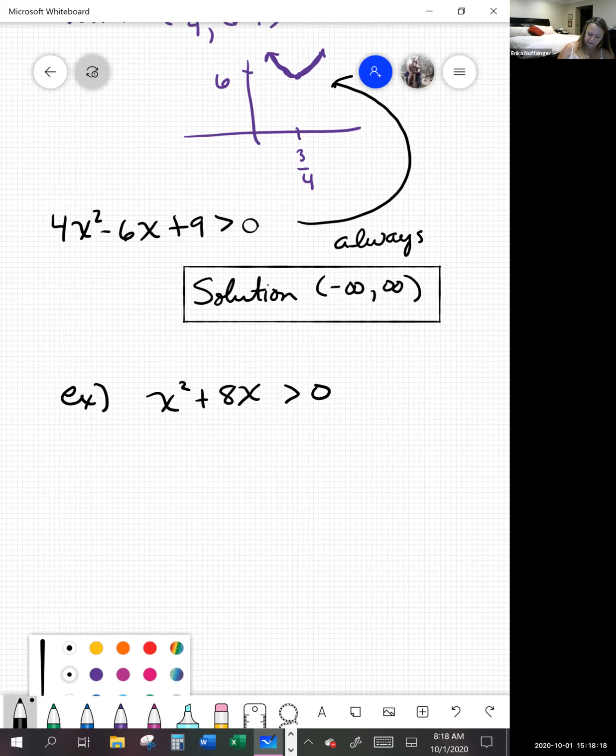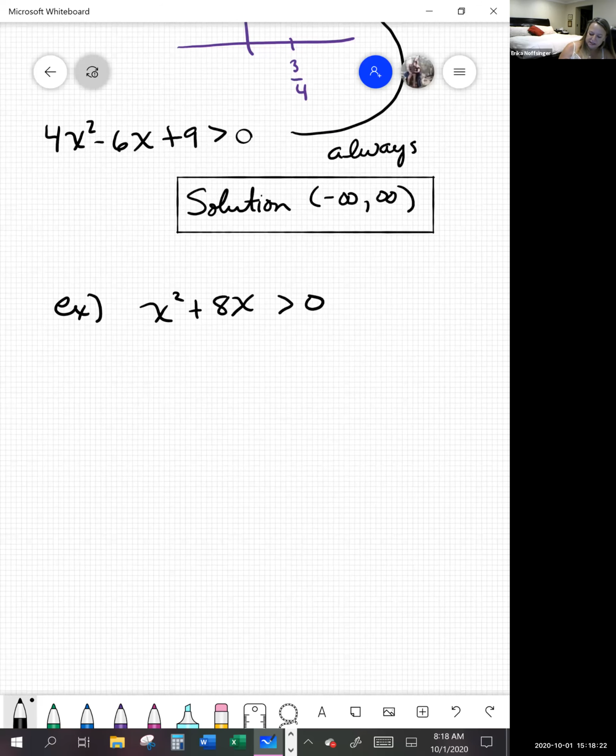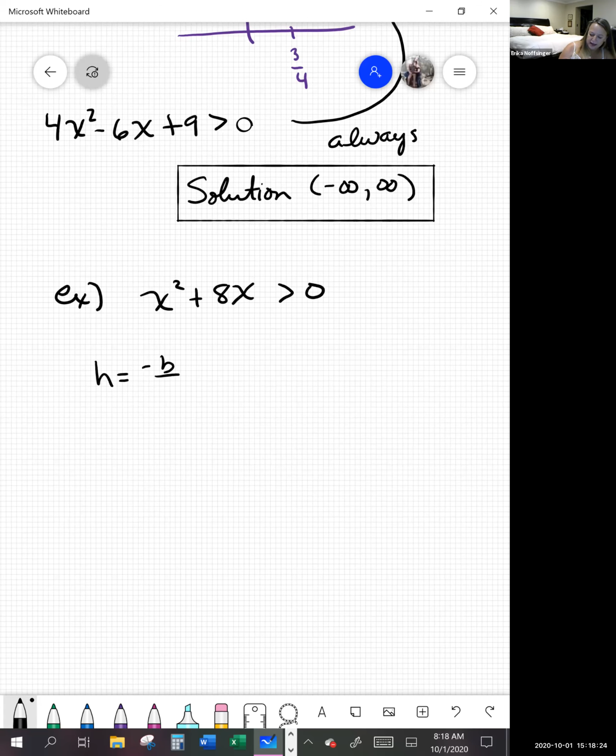Let's actually just find the vertex first, just because we've been doing that. So h is equal to negative b over 2a. So this is negative 8 all over 2, which is negative 4. K is equal to, plugging this in wherever I see an x, negative 4 quantity squared plus 8 times negative 4.